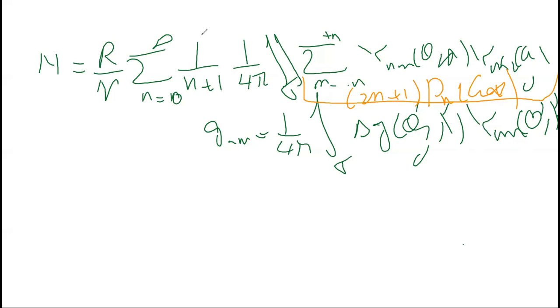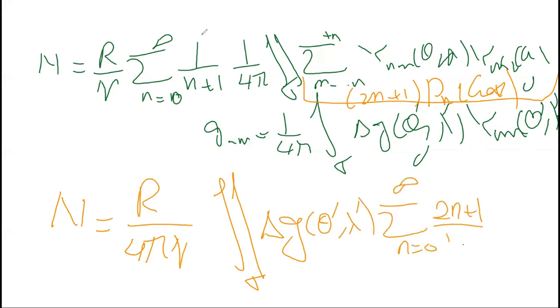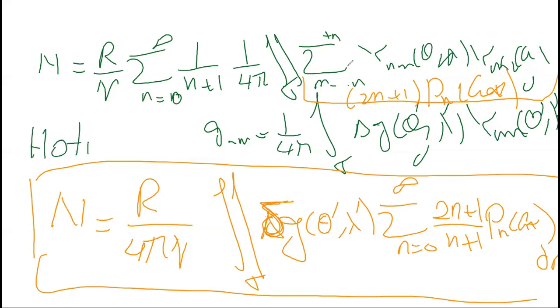Then N will be all. Yeah. You can determine the geoid directly from the gravity disturbance. This formula here is known as Hotine's formula.